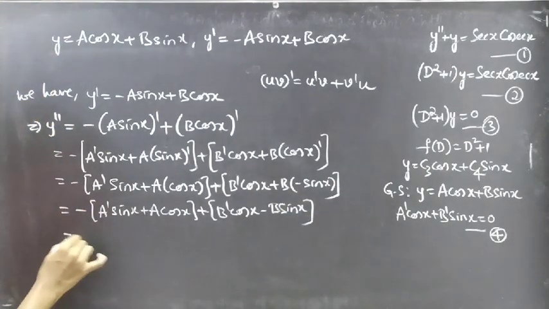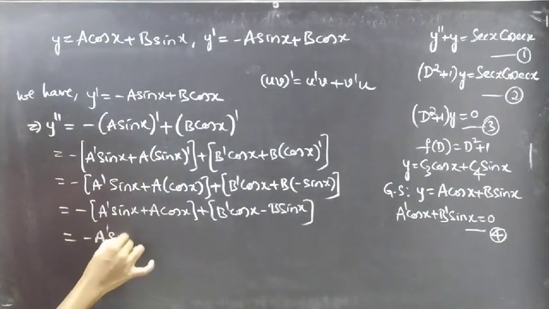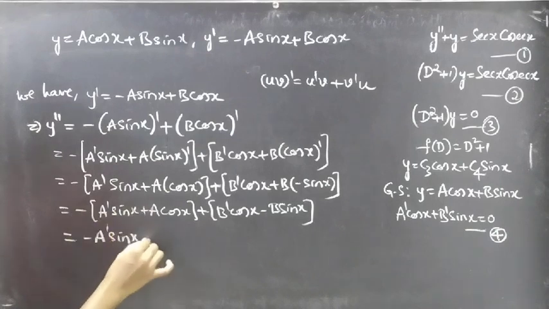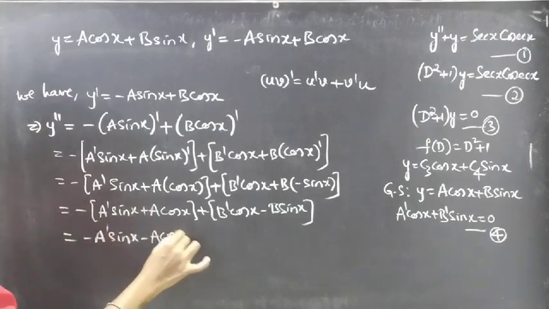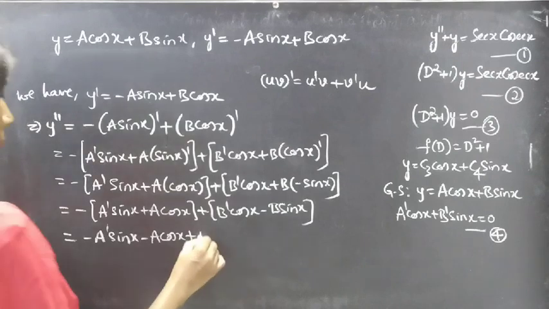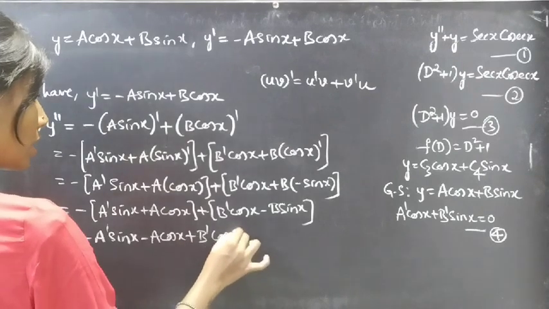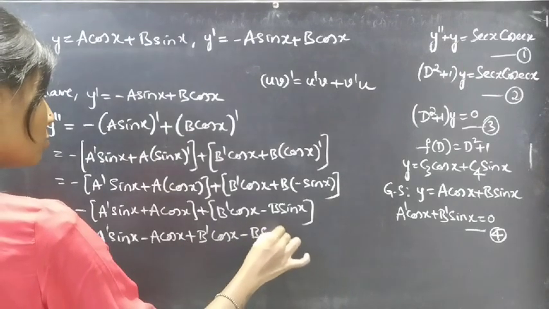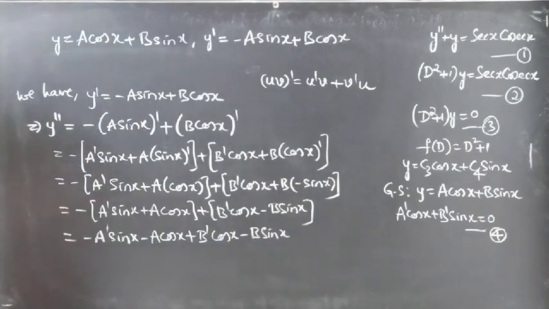This gives us minus a dash sin x minus a cos x plus b dash cos x minus b sin x, right?